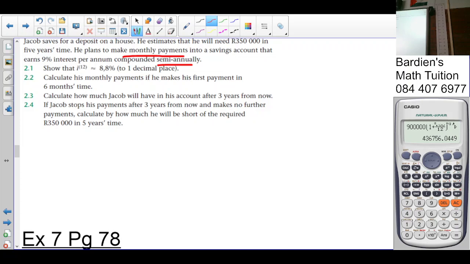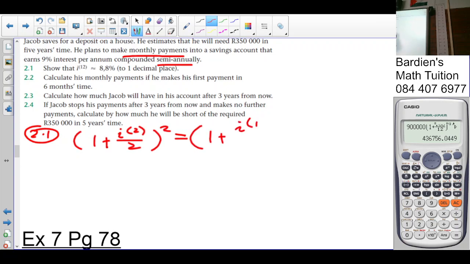So, to convert a semi-annual interest rate, which is a nominal interest rate, to a nominal rate compounded monthly, it's going to be 1 plus i to the 2 over 2 to the 2 is equal to 1 plus i to the 12 over 12 to the 12. We spoke about that in the first exercise when we started this financial maths.